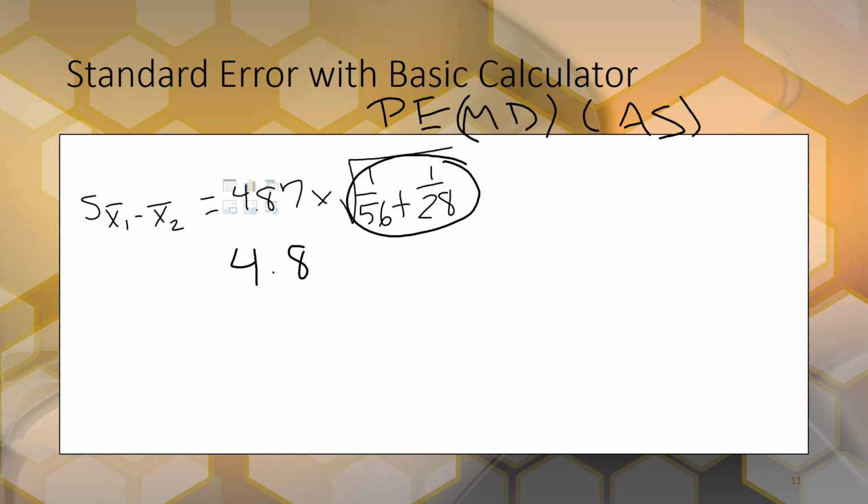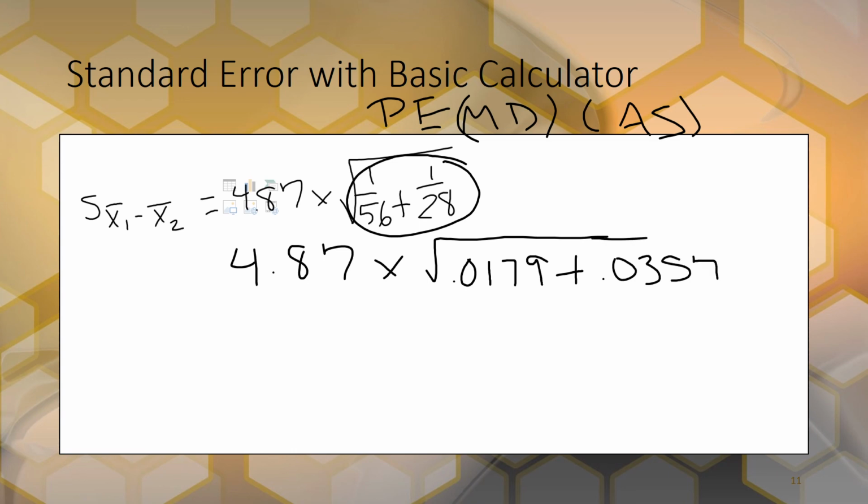So keep this here. Then inside we have 1 divided by 56, which is 0.0179, plus 1 divided by 28, which is 0.0357. Okay, so we did the multiplication and division. Well, there's only division. There's no multiplication. Now we're going to addition and subtraction inside the exponent. So we had to work on that first. And so now we're just going to add those two.